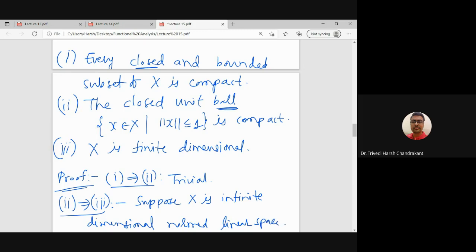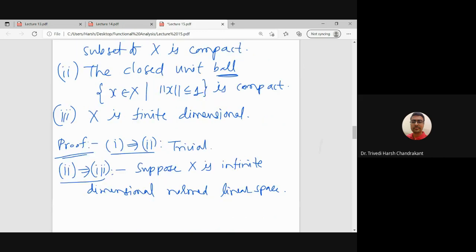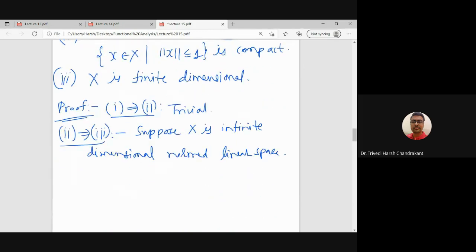Since it is infinite dimensional, it will have an infinite linearly independent set. It may happen that we cannot find its basis, but we can always find an infinite linearly independent set because it is an infinite dimensional space.